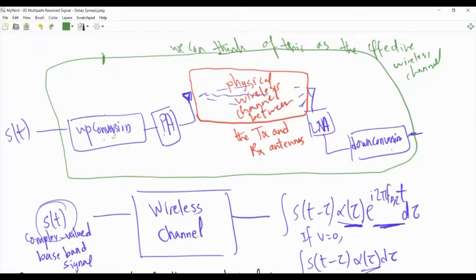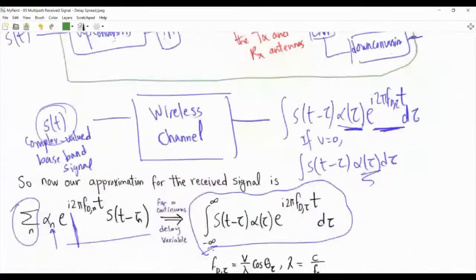But again, otherwise we are assuming that those components are doing their job perfectly. But when we study OFDM, we will deal with some of the imperfections in those components. Okay.